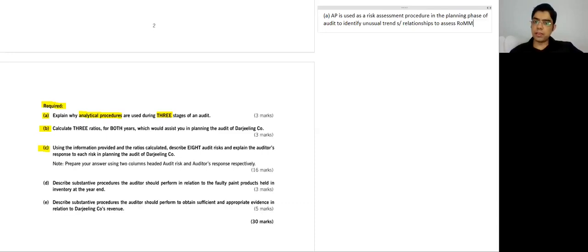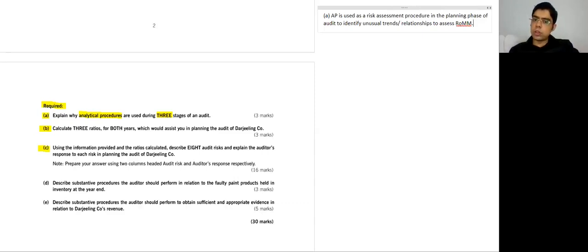So you see, brief and crisp, one-liner. It's used as a risk assessment procedure in the planning phase of audit. What is the purpose? To identify unusual trends or relationships to assess the risk of material misstatement. I hope you're happy with this.